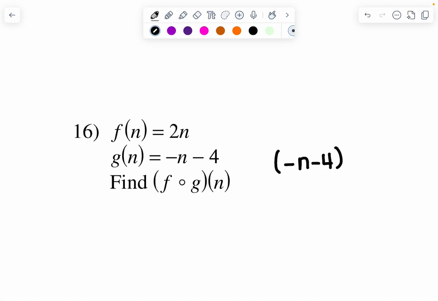So f is just 2 times n. Distribute. Negative 2n minus 8.